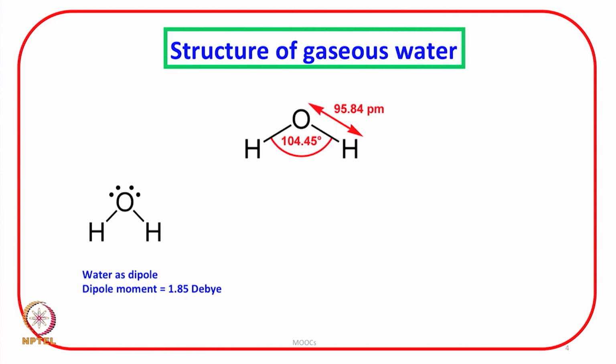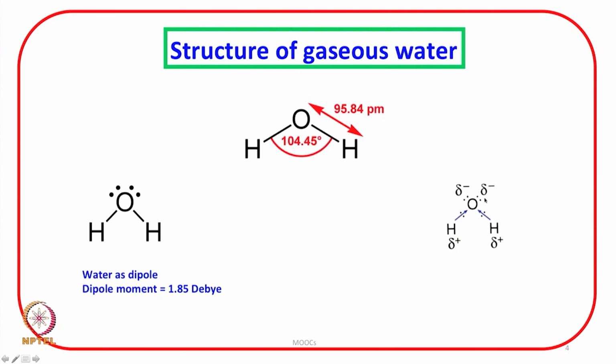However, if you closely examine this structure, there are 2 lone pairs. I can assign a small delta negative charge on this, a small delta negative charge on this, delta positive on this, delta positive on this. So, therefore, I can also treat this water as a quadrupole.